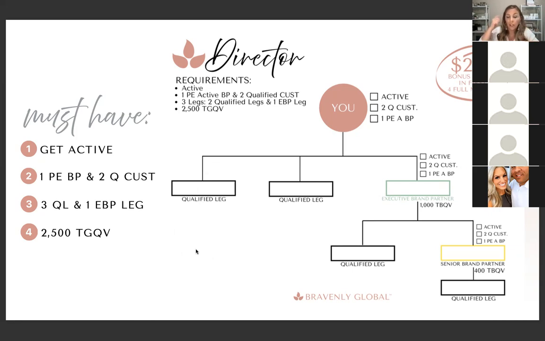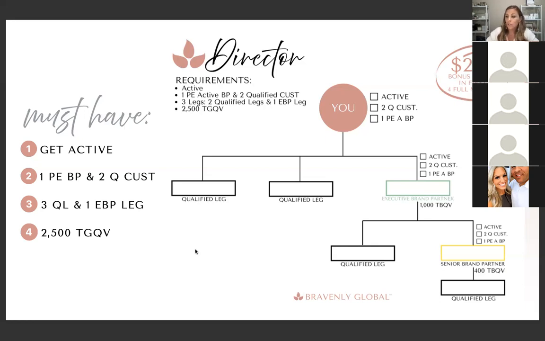The system is going to look in that leg and find the first person that is active, and bam, now that leg is qualified for you. So don't stress, don't worry if the person that you enrolled or the person that is direct to you isn't active. That is okay, as long as somebody in the depths of that leg in that organization counts as a qualified leg for you.